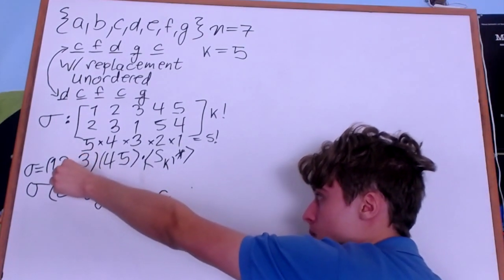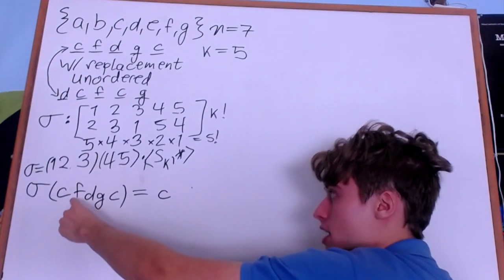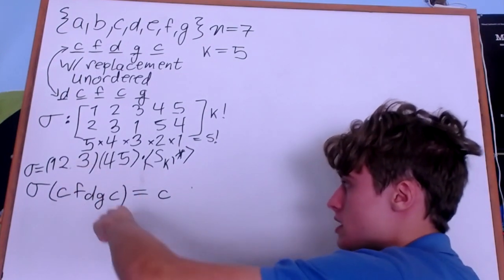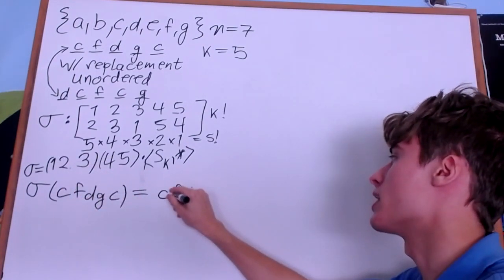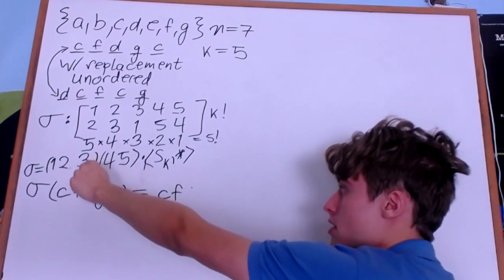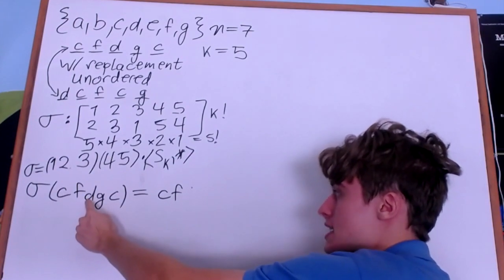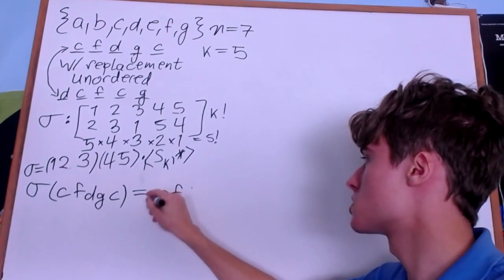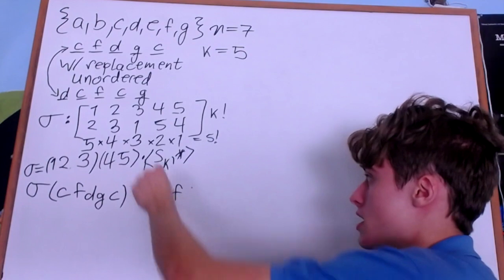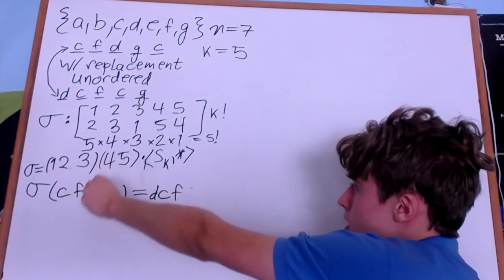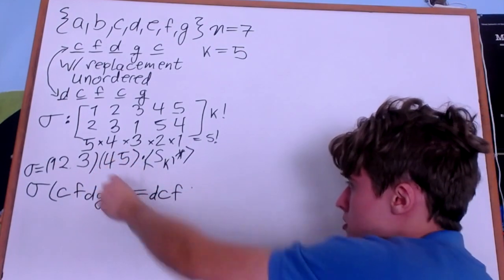And then the symbol that's in place 2, which is F, goes to place 3. So F moves to place 3 in the output. And then the symbol that's in place 3 moves to place 1. So D moves to the start. All right? And then 4, which is G here, 4 moves to 5, and 5 moves to 4.